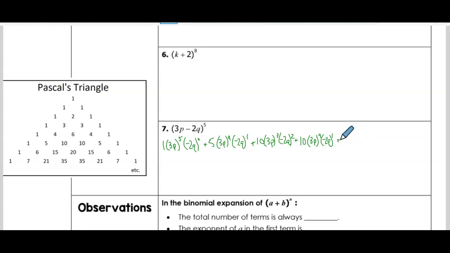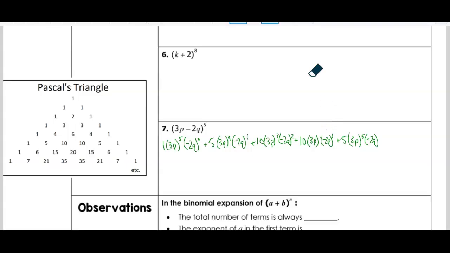All right, plus 5, 3p to the 5th, negative 2q. I feel like I missed something here. Ah, right in here. Yes, these powers are incorrect.